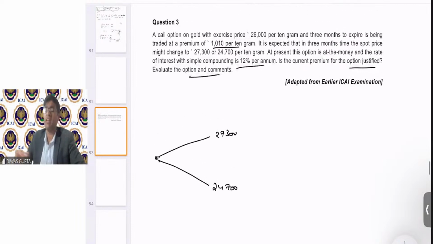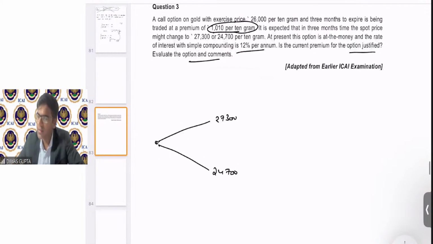Evaluate the option and comment. So students, this is a very simple question on the binomial model wherein we need to find out the probabilities first, then the value of this option, and then accordingly comment whether that value of option is okay to be taken as 1010 per 10 gram, which is being traded in the market. Okay, students. So let's start.